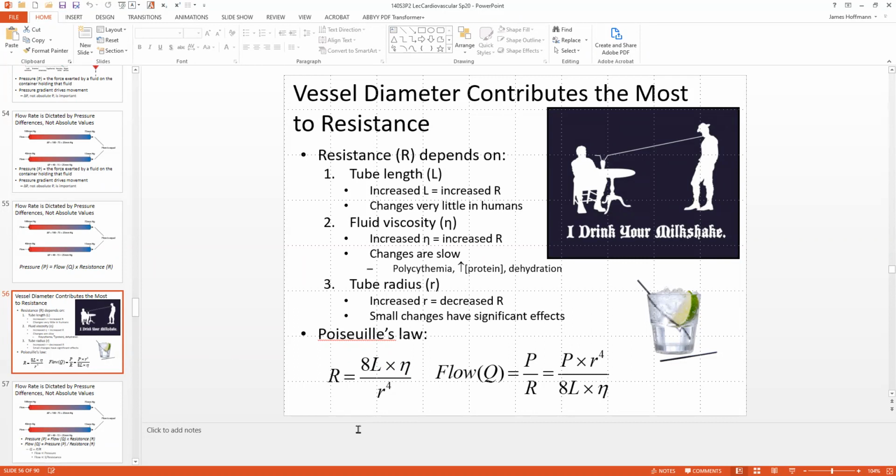All right, so albumin, and that's more than half of your protein. So the amount of albumin you have determines your viscosity. The number of red blood cells you have determines your viscosity. And the relative amount of plasma you have determines your viscosity. Those are the big effects. So we can't change viscosity much because of that.